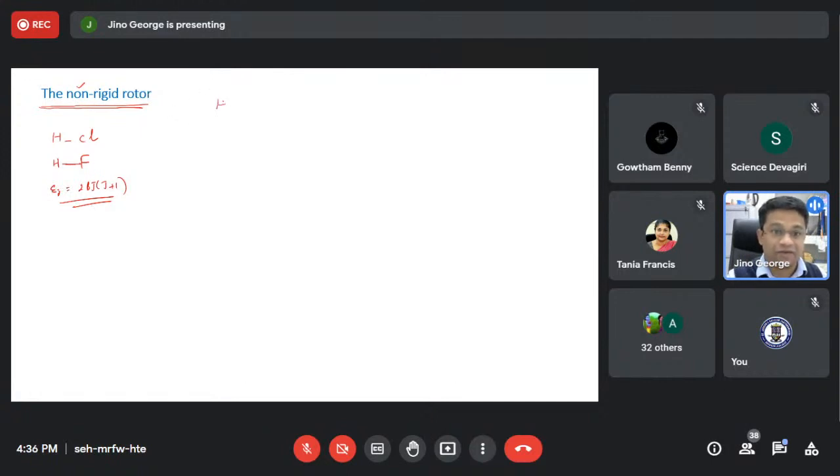They calculated J equal to 0, J equal to 1, J equal to 2, 3, 4, etc. For the 0 to 1 transition, the B they obtained was 20.56. I am skipping all other digits, okay? You can of course get up to 5 digits, but I am skipping that.